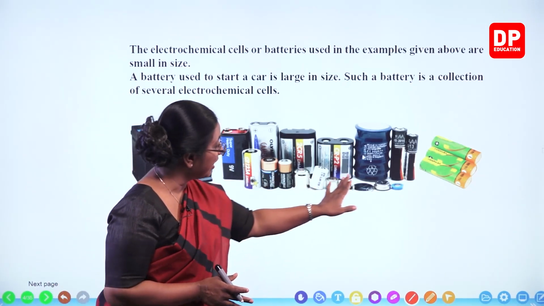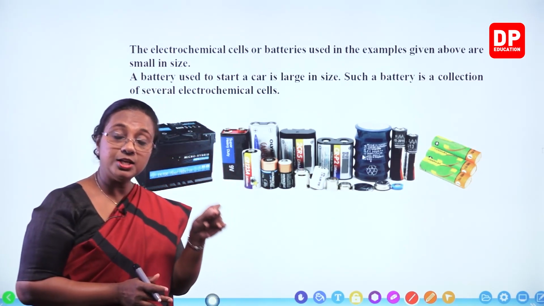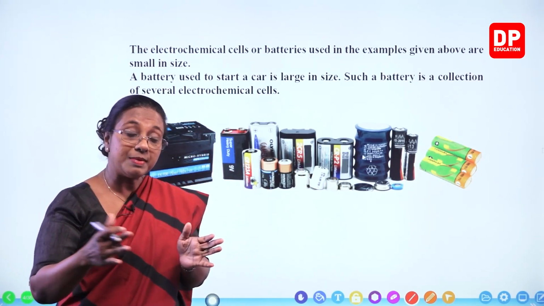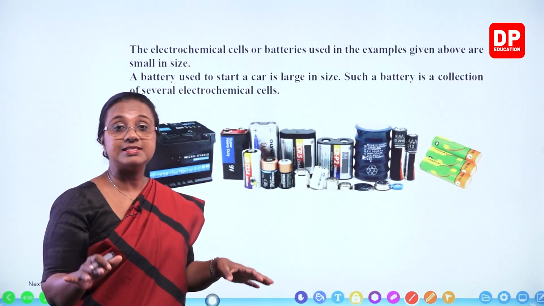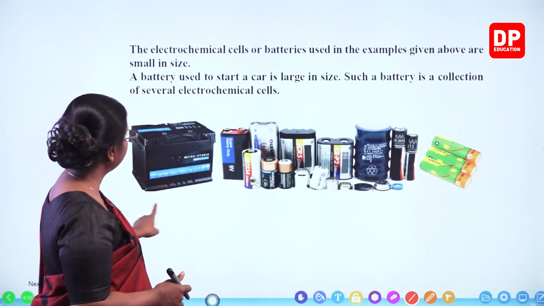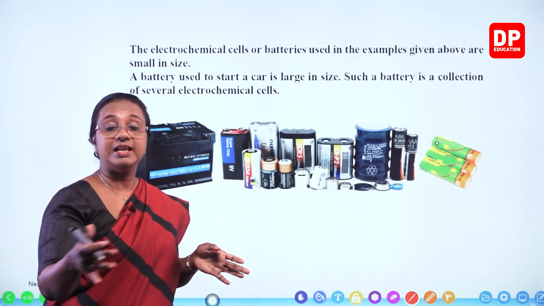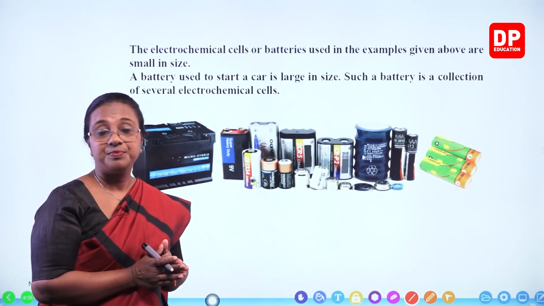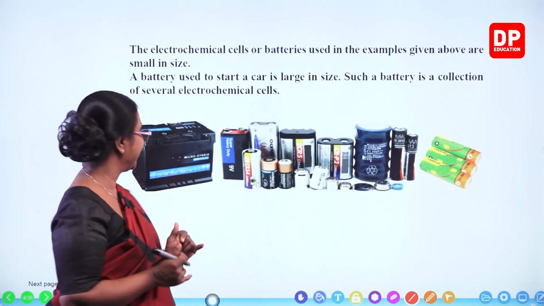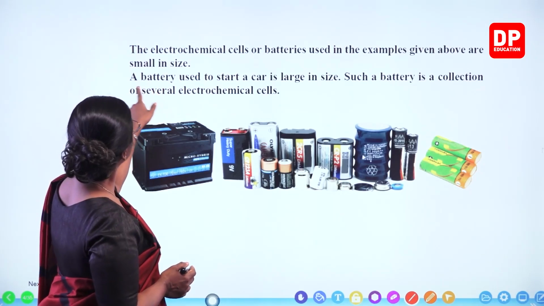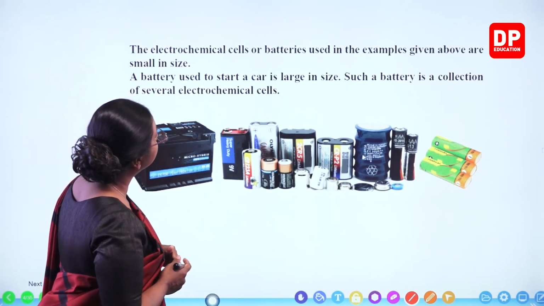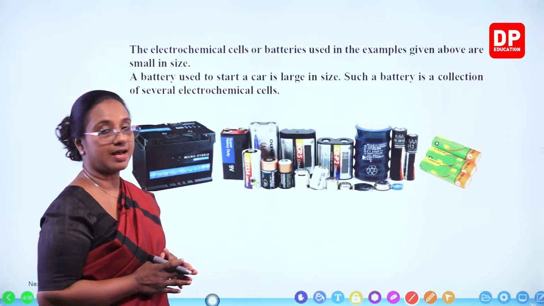You can use the batteries or electrochemical cells individually, or you can combine them together at that instance, or you can have a battery where they have been already combined together. I'm sure you all can understand that. So here you can see a battery used to start a car is large in size.